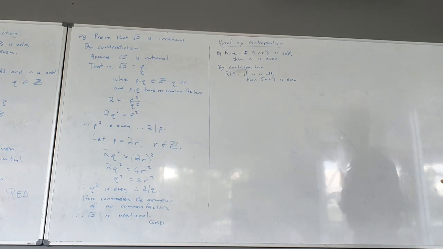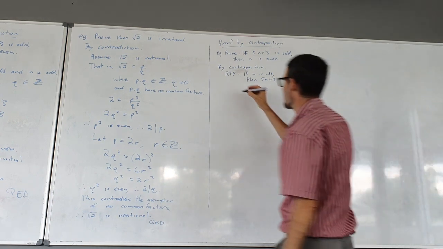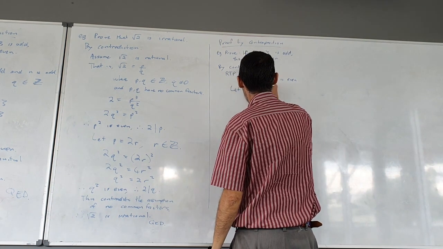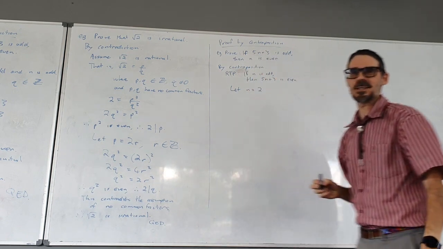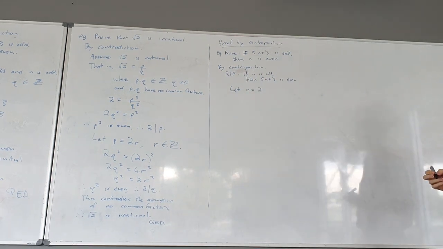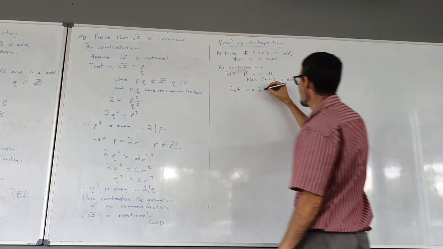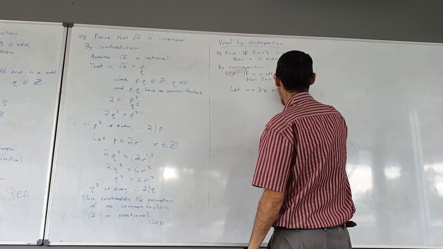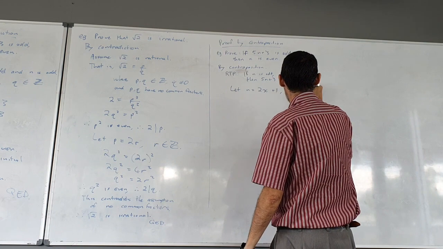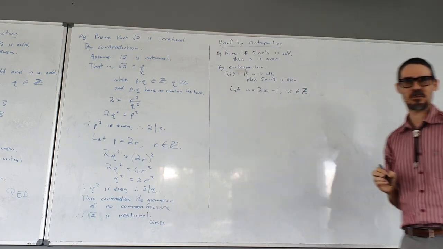Okay, if n is odd, how do I start? Let n equal, what letter am I going to use this time? Anybody have a favourite? x. 2x plus 1 for some integer x.